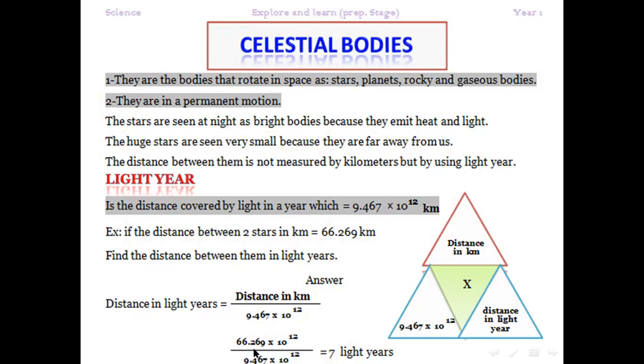This is the light year, as I have explained before. 1 light year equals 9.467 by 10 to the power of 12. The distance between the two objects in space, 66.269 kilometers. In order to change this kilometer into light year, you have to multiply this number by 10 to the power of 12, and it equals 7 light years.